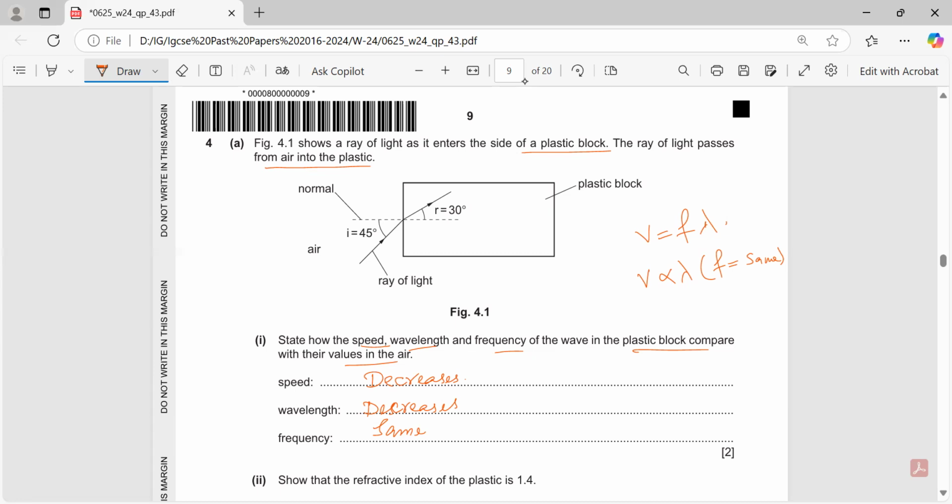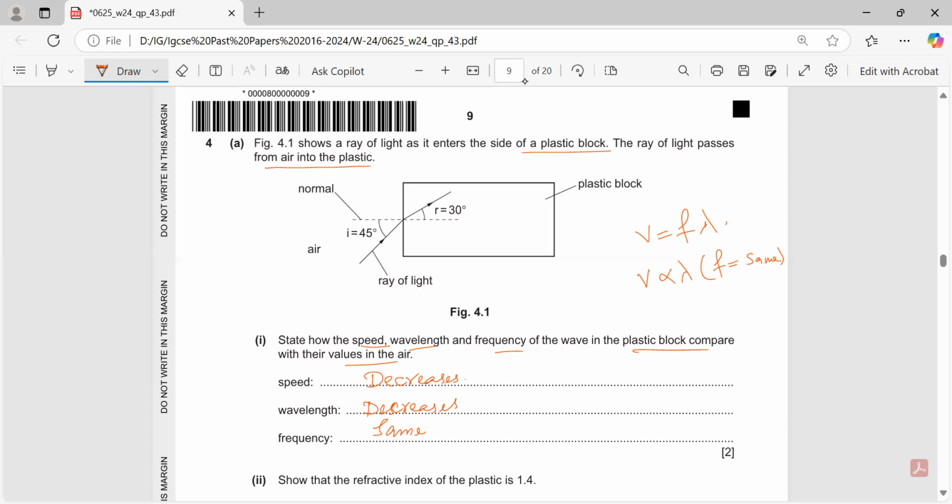If the ray is entering a denser medium from a rarer medium, like from air to glass or, in this case, air to plastic, speed decreases and so the wavelength decreases, but the frequency of the refracted ray stays the same. But in the process of reflection of light or water waves and in the process of diffraction, all three variables stay the same: speed, wavelength, and frequency.